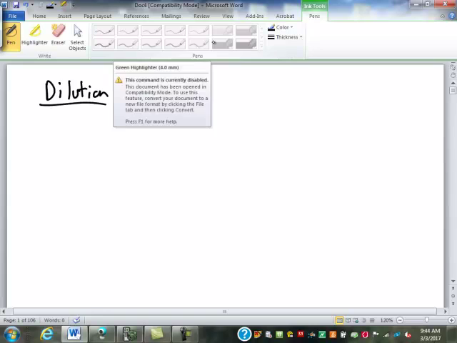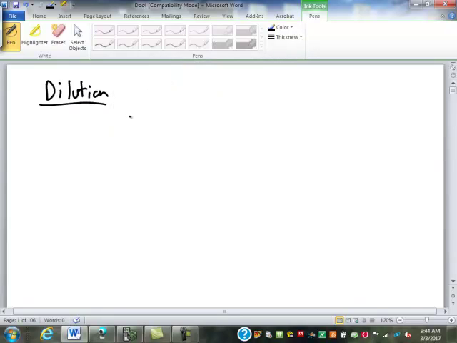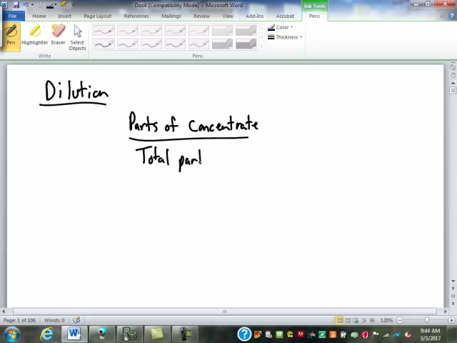And a dilution is a ratio of parts of concentrate to total parts of solution. So the word dilution kind of describes it.